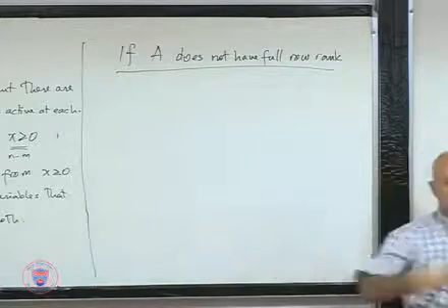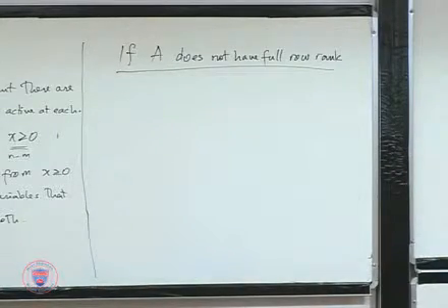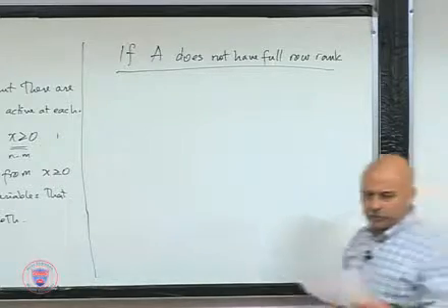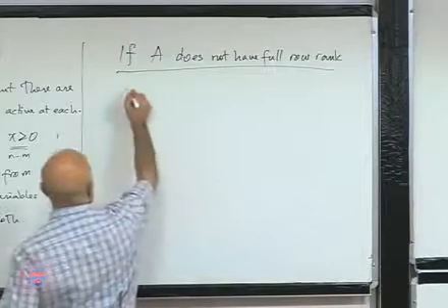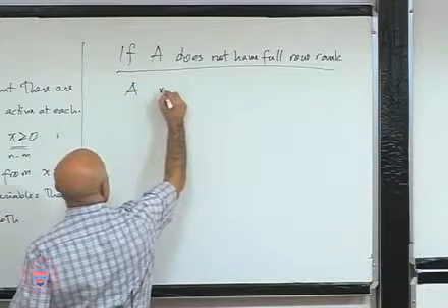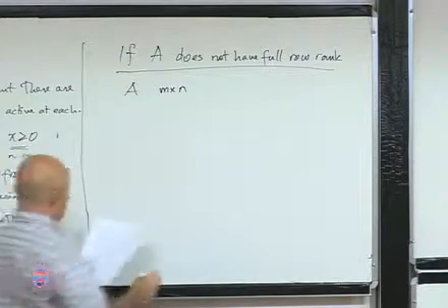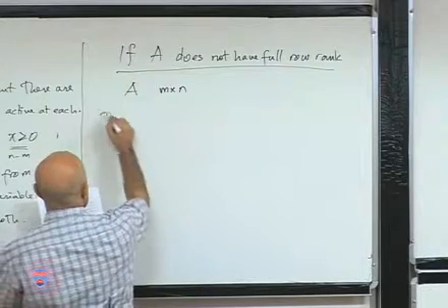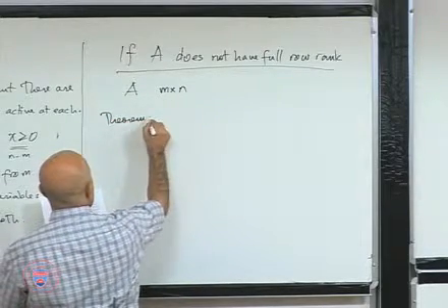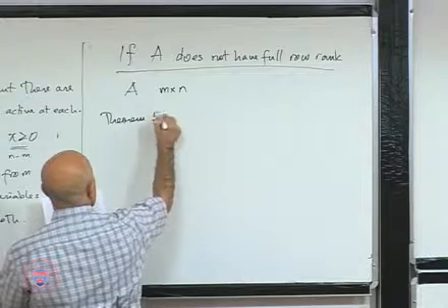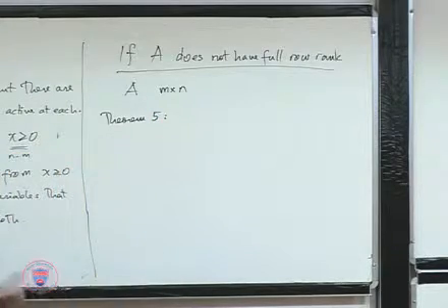These are issues that you need to know about, except that I'm not going to go through the proofs. So we assume we have a matrix A, which is m by n. And let me just state the theorem here. I think it's supposed to be number 5.